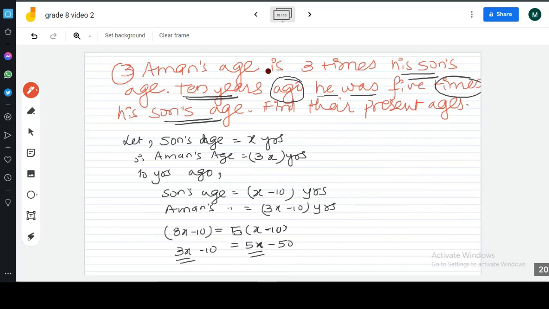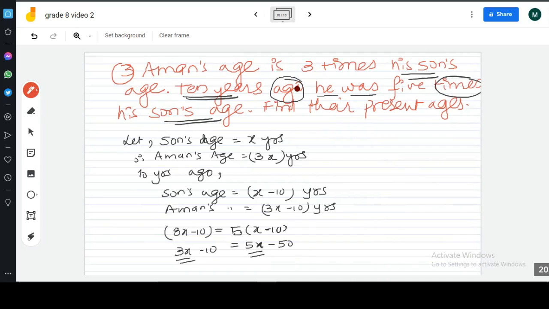So I can consider the son's age as x years, and then write Aman's age, or his father's age, in terms of the age of his son. That is, Aman's age will be, as given, 3 times his son, so it is 3 times x. So simple.